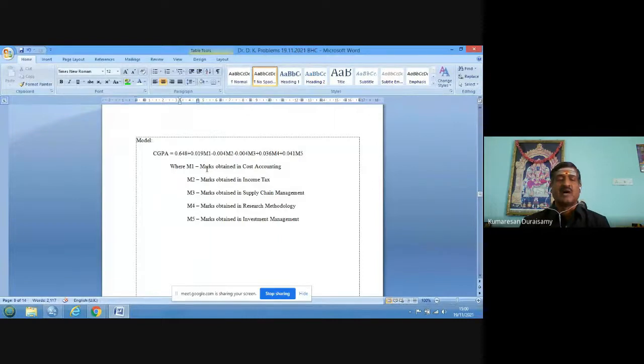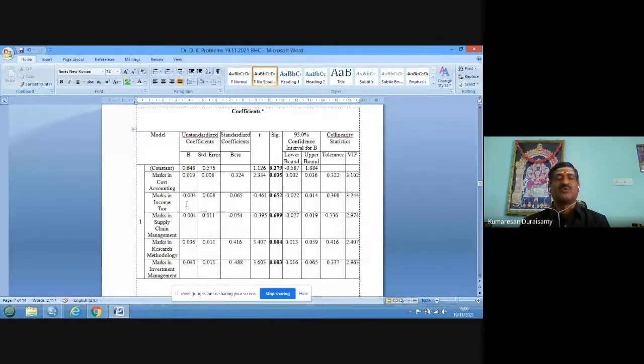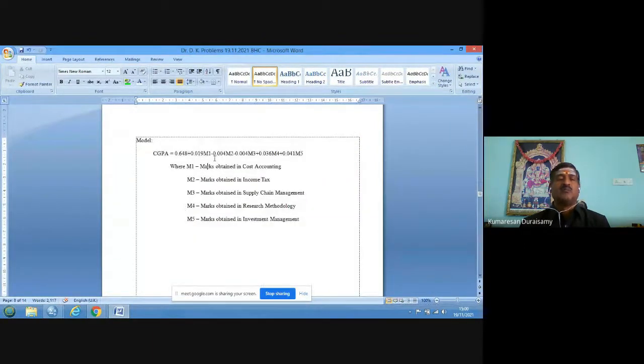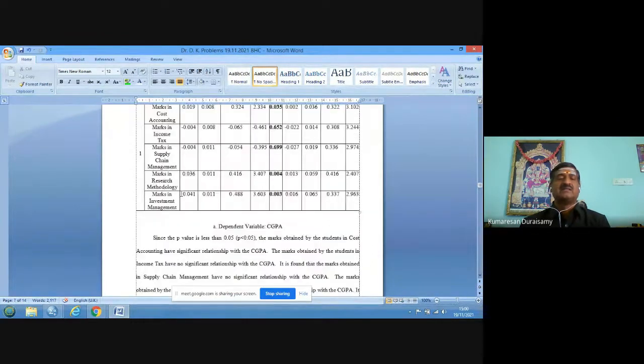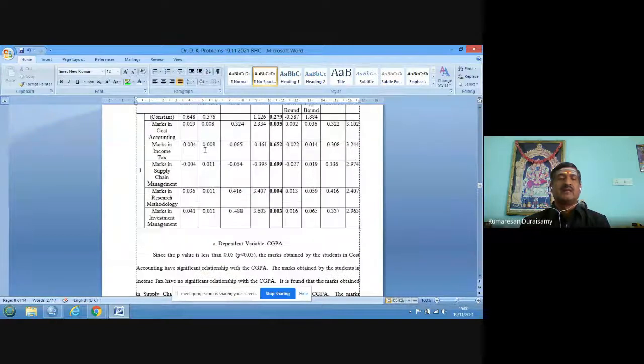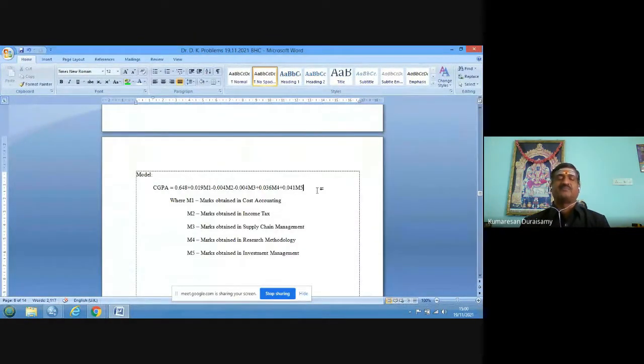M1 means mark 1. Then minus 0.004 M2. Again minus 0.004 M3. Plus 0.036 M4. Then plus 0.041 M5. So M1 is marks in cost accounting, M2 is income tax, and so on.